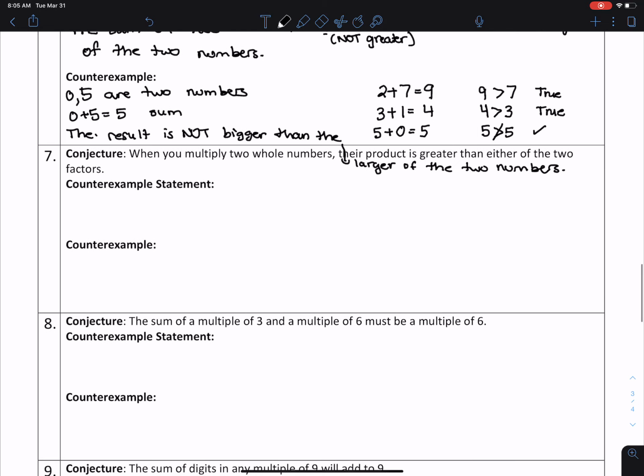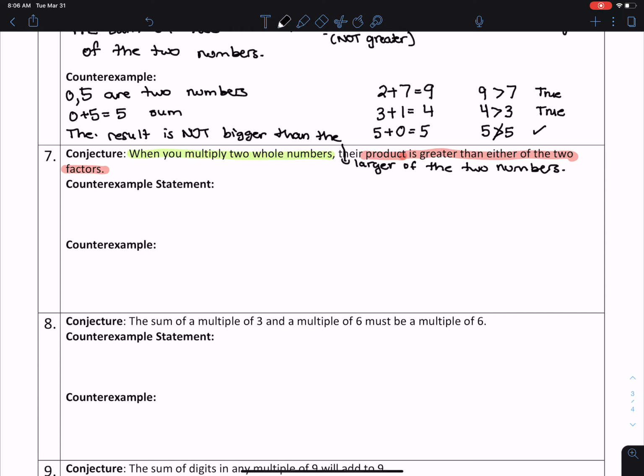Okay, number 7. When you multiply two whole numbers, now when we talk about whole numbers, we're talking about numbers that start at 0 and then 0, 1, 2, kind of your counting numbers. When I multiply two whole numbers, I want the product, which means when I multiply them, to be greater than either of the two factors. Okay? So, and the factors are referring to the two original whole numbers that you have.